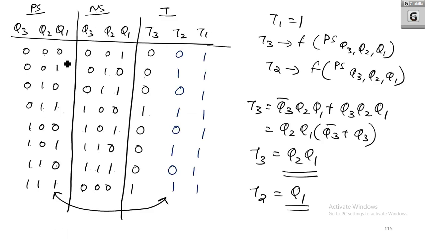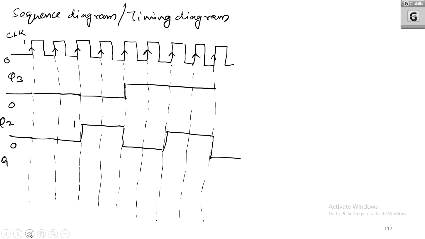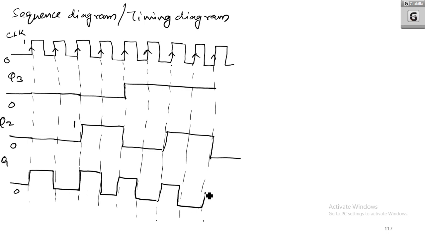Q1 is 0, 1, 0, 1, 0, 1, like that it will go. So that is the sequence of Q1.